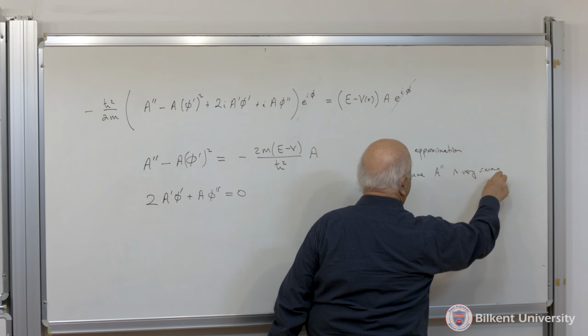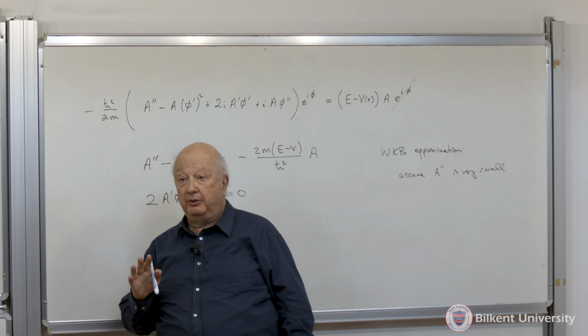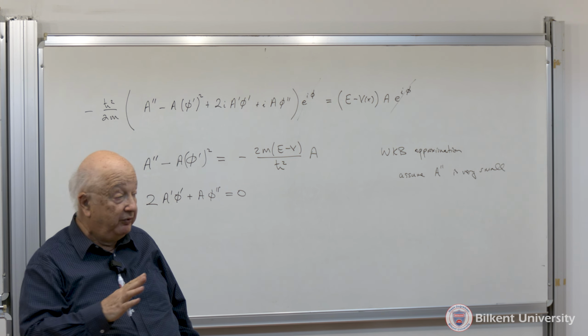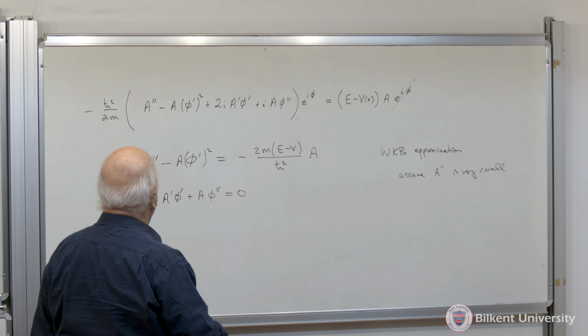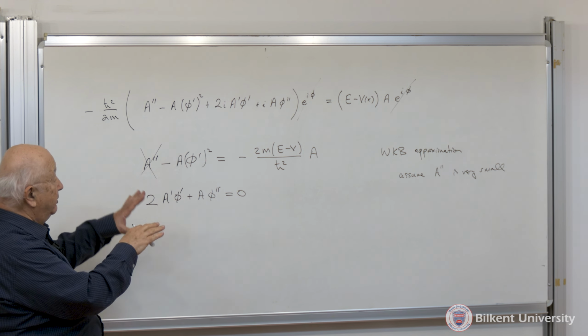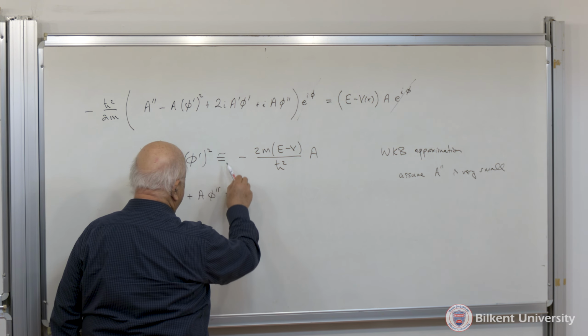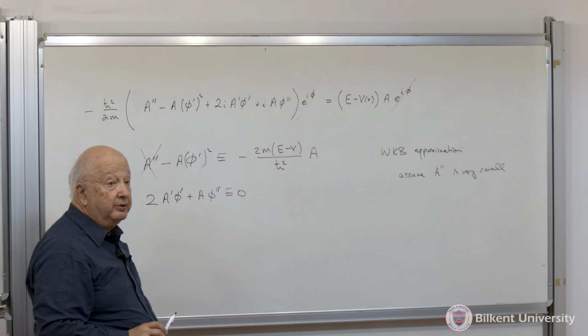How small it is, and what it corresponds to physically, we'll get to in a minute. But at this point, we are just going to throw away this term. As soon as I do that, these two coupled equations are now approximate, okay?